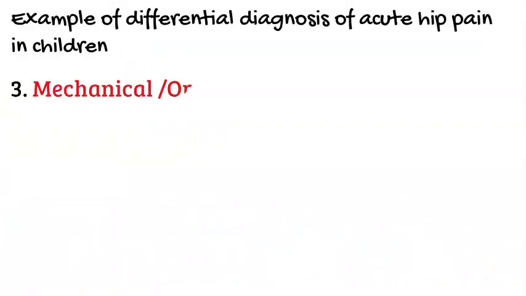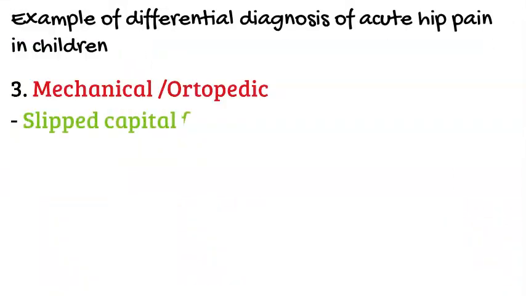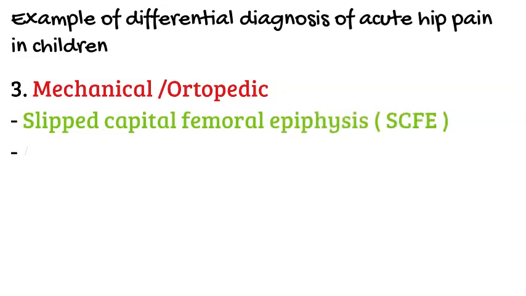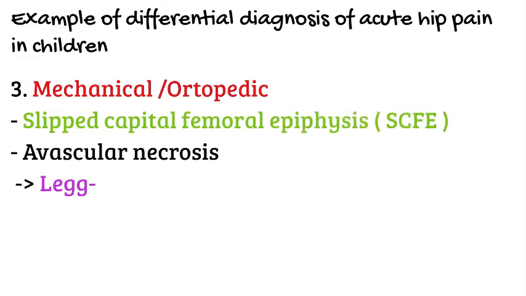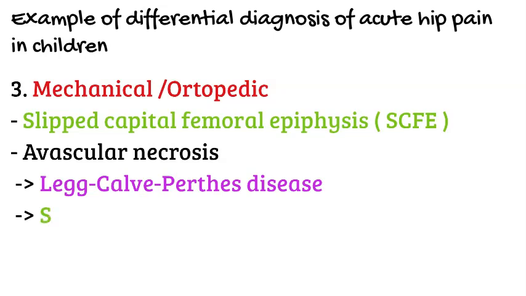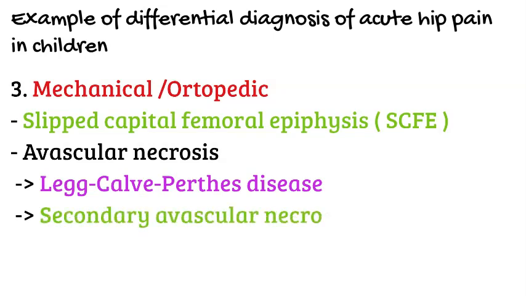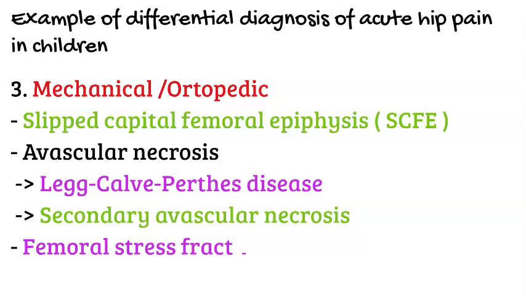Number 3. Mechanical or orthopedic causes include slipped capital femoral epiphysis (SCFE), avascular necrosis or Legg-Calve-Perthes disease or secondary avascular necrosis, femoral stress fracture, muscular strain.